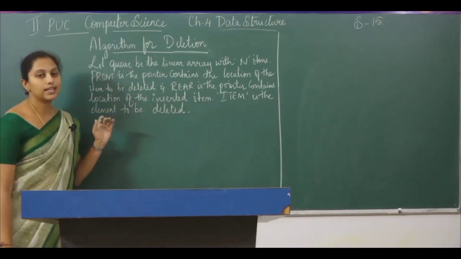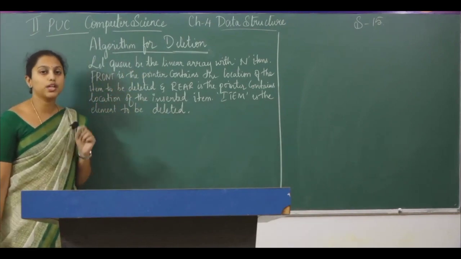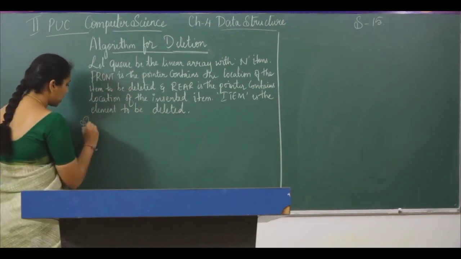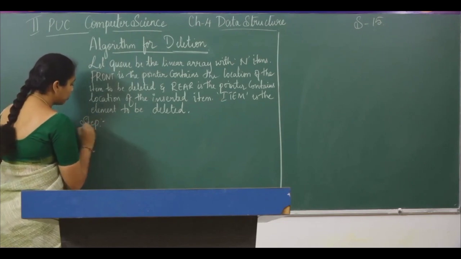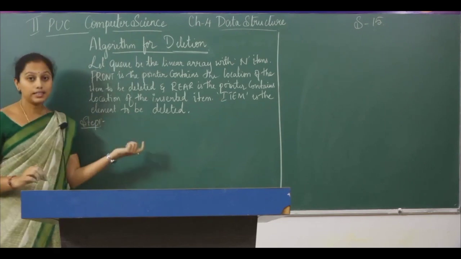So before deleting an item from the queue, we have to check for the condition, that is, whether the queue is underflow.